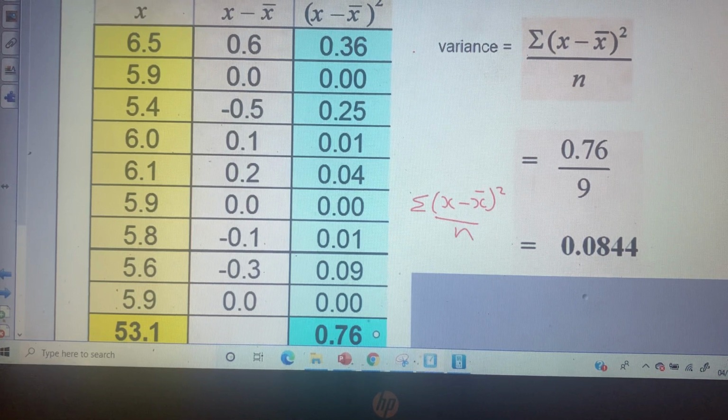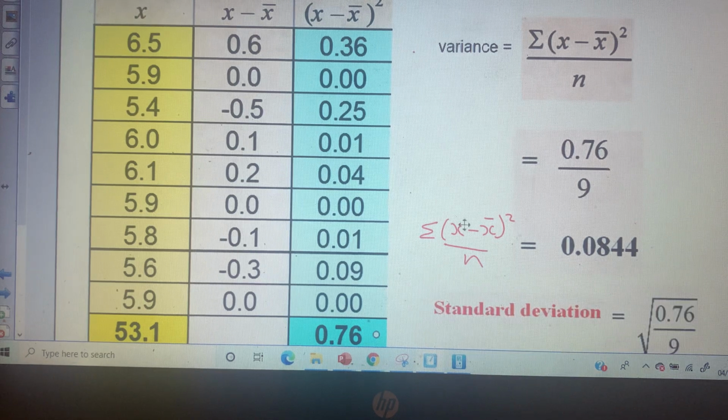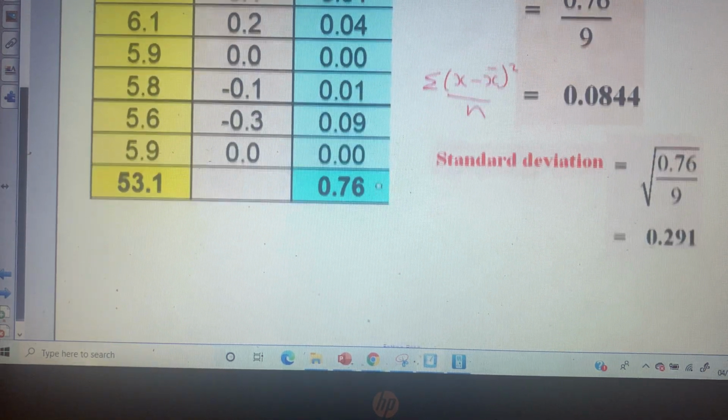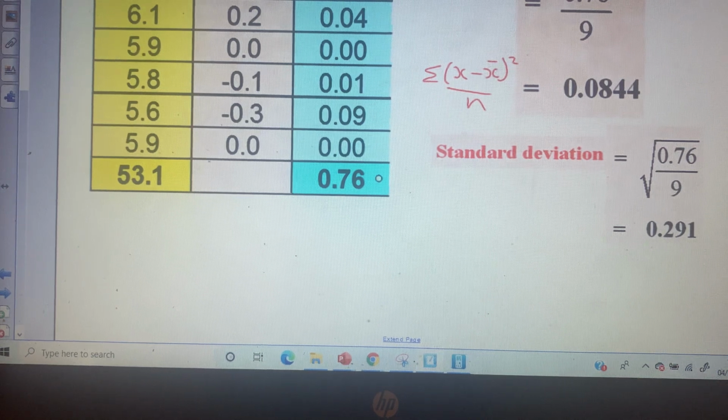I've made that a little bit high there, bring that back down. And I sort of will need to counteract that squaring. So what I'm going to do is square root both sides. So I square root this.